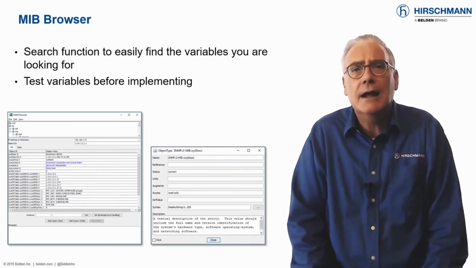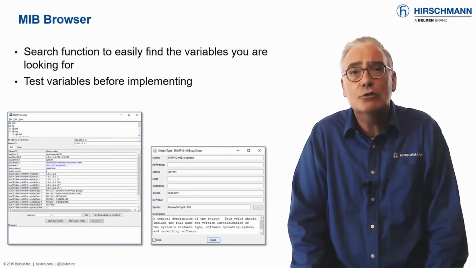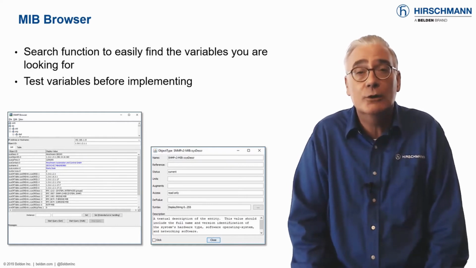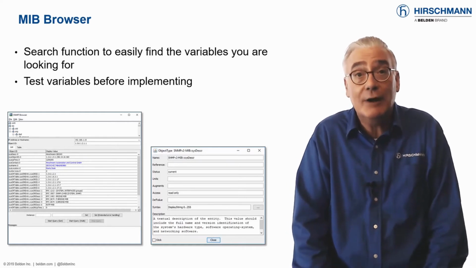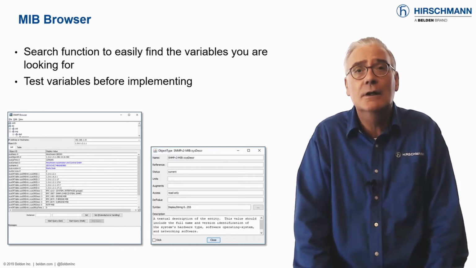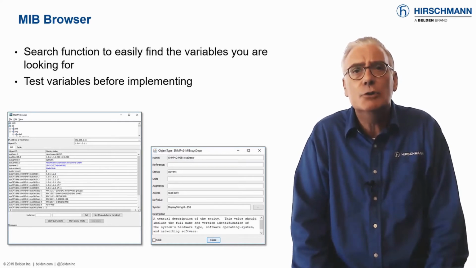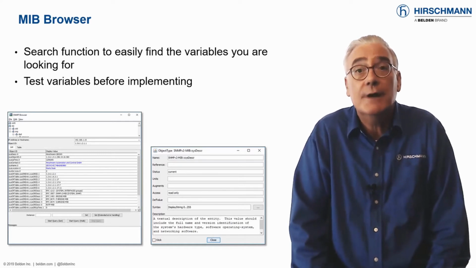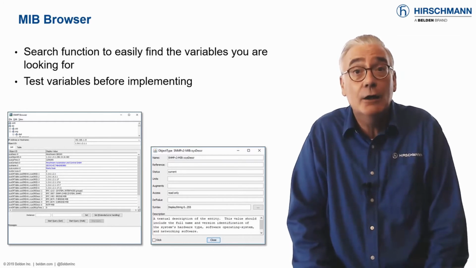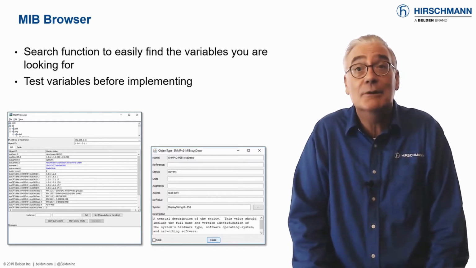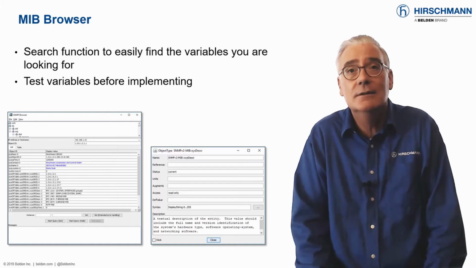The MIB browser allows you to look directly at raw MIB information without going through a graphical user interface. There are several reasons you might want to do this. Fault finding the SNMP stack of an SNMP-enabled device is a typical use.